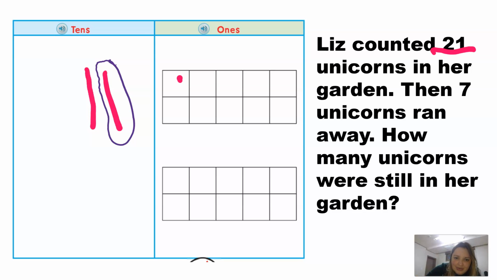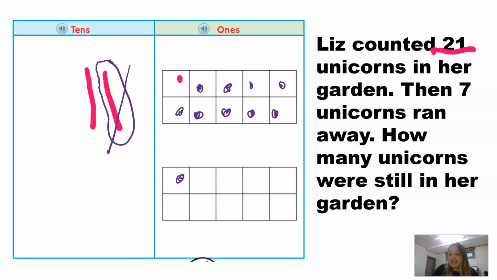So I'm going to ninja this one, and regroup it in the ones and make it into 10 ones. 3, 4, 5, 6, 7, 8, 9, and 10. So now nothing has changed so far, because all I did was take that 10 and break it up into 10 ones. That's all I did, okay?